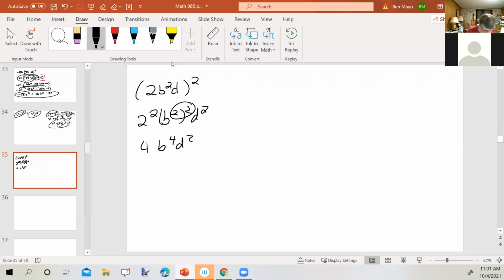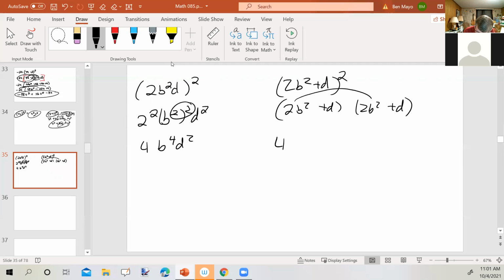But let's say I've got this instead, 2b squared plus d, the quantity squared. So that becomes 2b squared plus d times 2b squared plus d. We get 4b to the 4th plus 2b squared d plus 2b squared d plus d squared.